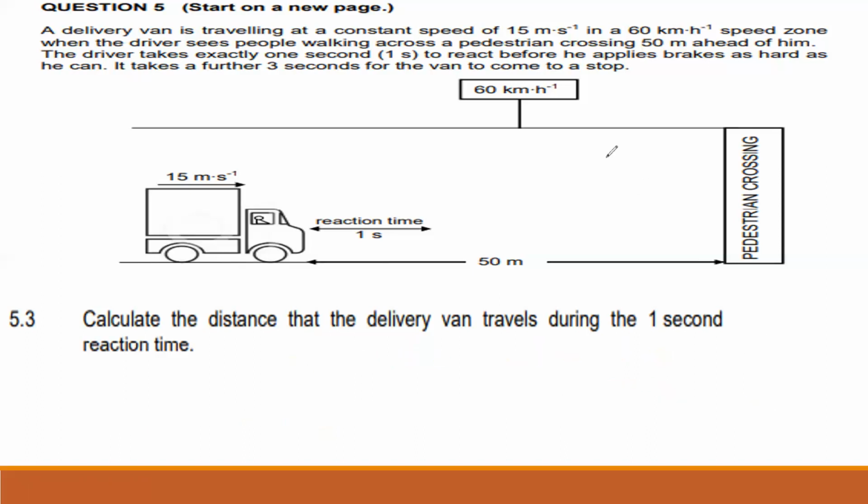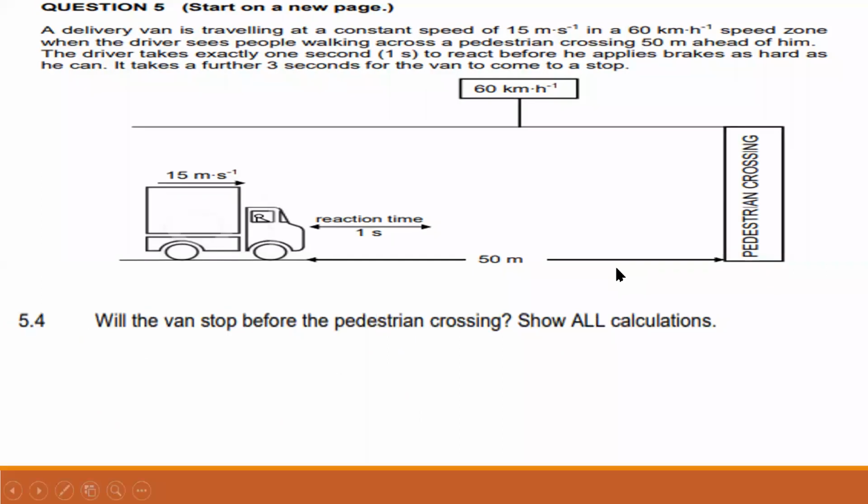Next question, 5.4 now. They're asking you, will the van stop before crossing? So to know that, we have to calculate total distance, people. We have already 15 meters for 1 second. We calculated that already in question 5.3.